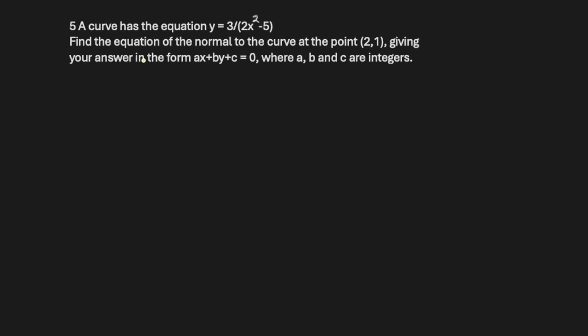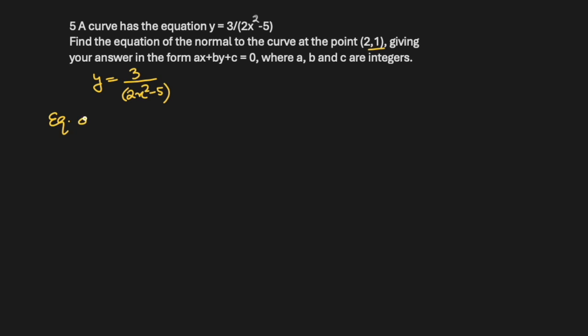Question number 5. A curve has an equation y equal to 3 over 2x square minus 5. Find the equation of the normal to the curve at this point, giving your answer in this form, where a, b, c are integers. So equation of a normal. Normal is a line, right?